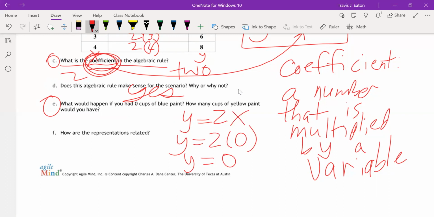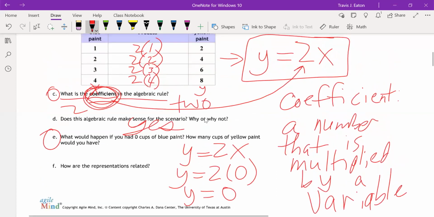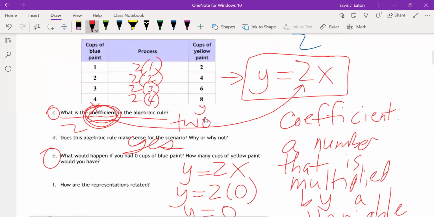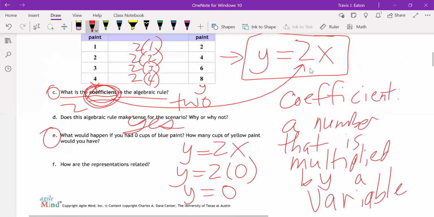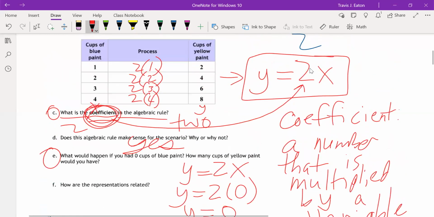So that means (0, 0) is one of the points on a graph that this would pass through, meaning it's a proportional relationship. It passes through the origin, and I'm willing to bet it's a straight line, because y divided by x is always 2. So that's pretty cool, right? We can always find the coefficient if we look at a table.